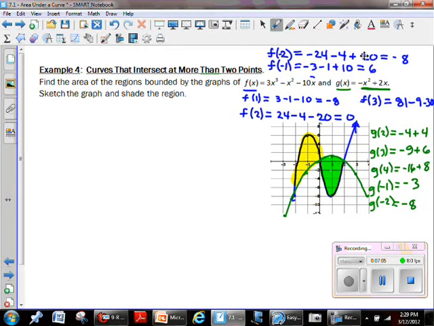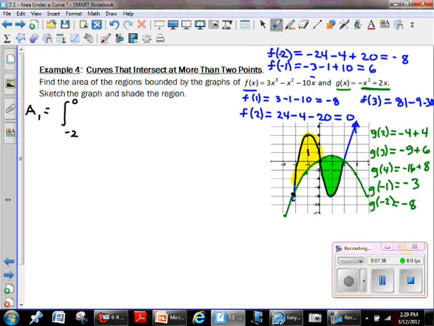Good. You've got the yellow region here, which I can also label as region 1, has a completely different top function than bottom function. And it has different boundaries for that matter. So for the area of region 1, we will integrate from boundaries negative 2 to 0.